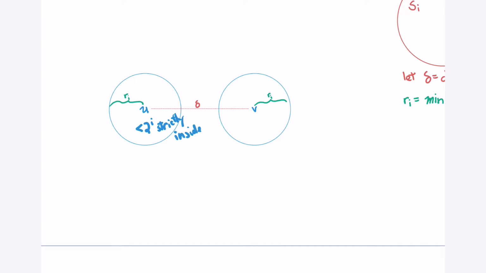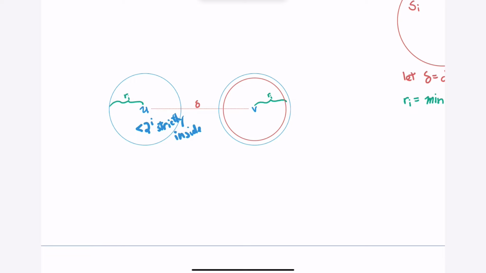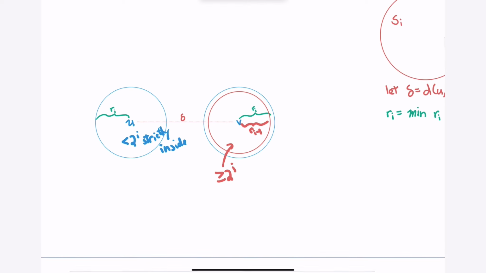Now, if I look at a slightly smaller ball, and this one was r_{i-1}, then inside here there's at least 2 to the i minus 1 points.